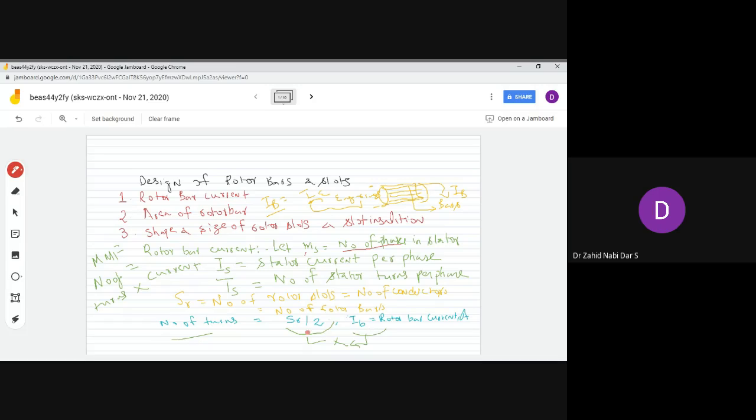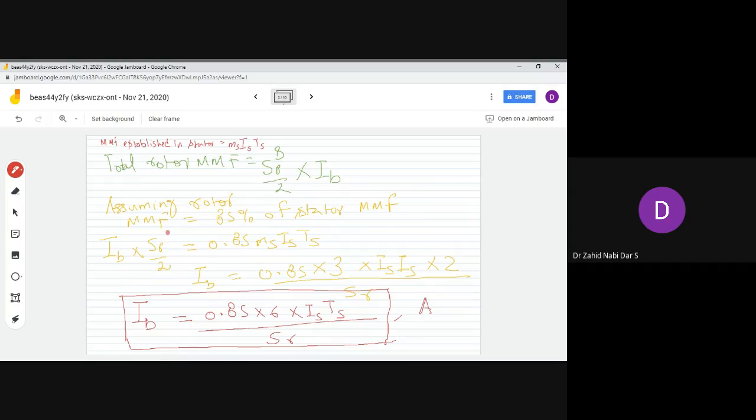So SR IB by 2 is your rotor side MMF, and this is your stator side MMF. In the next slide, let's assume that the rotor side MMF is 85% of the stator side MMF. So you write IB into SR by 2 is equal to 0.85 MS IS TS.